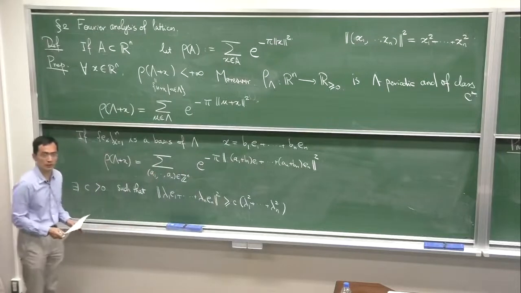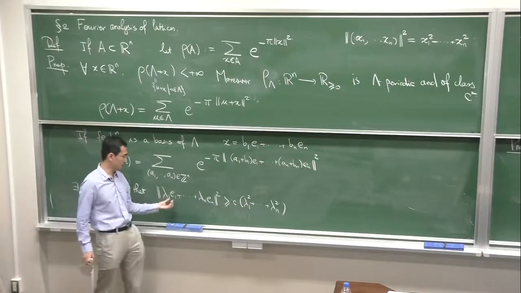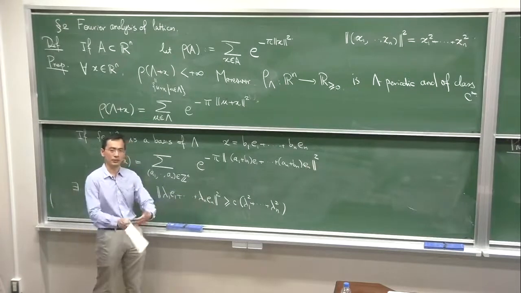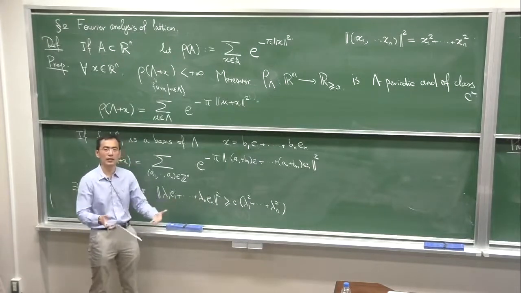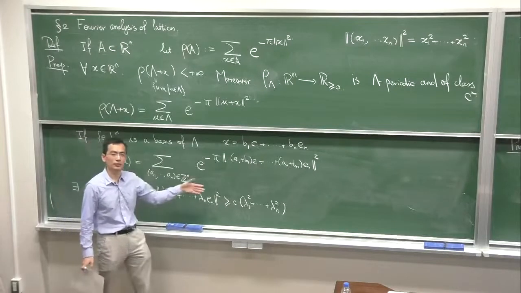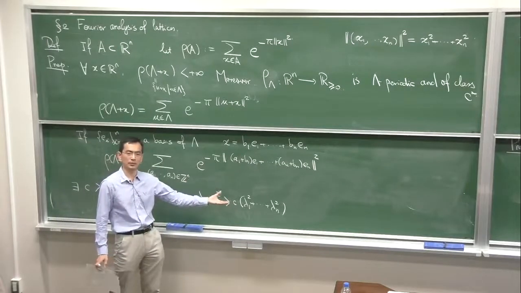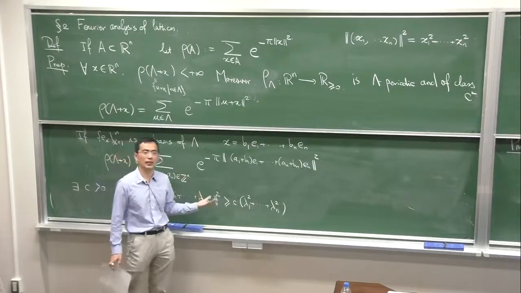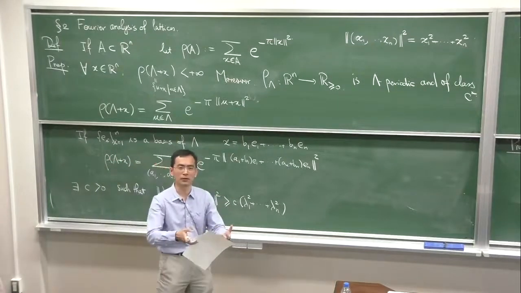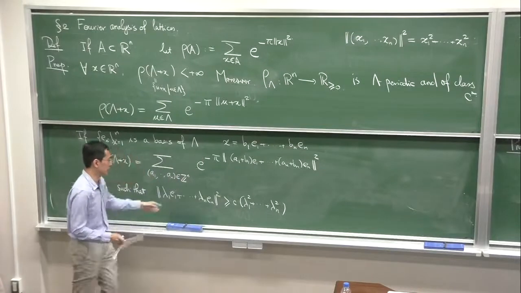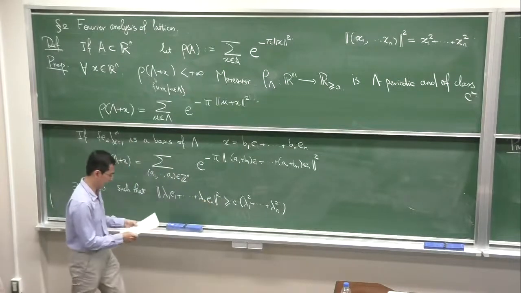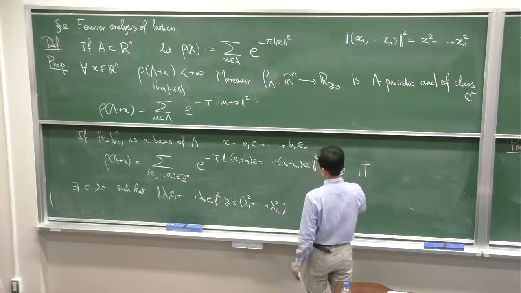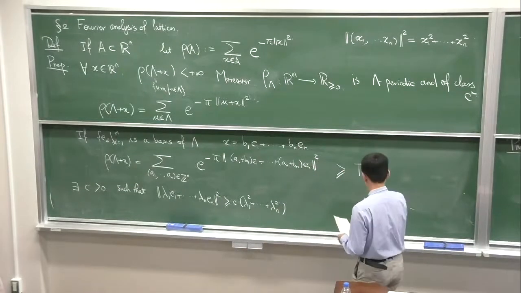I just change the norm by forcing e1 to en to be orthonormal, and that will be another norm. If you have two norms on the same finite dimensional vector space, they are equivalent, so you can find a constant which controls their difference. So you can find a lower bound like this.